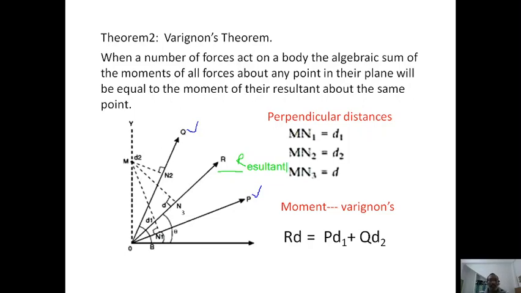So R is the resultant. Now I want to find the moment about this point M.